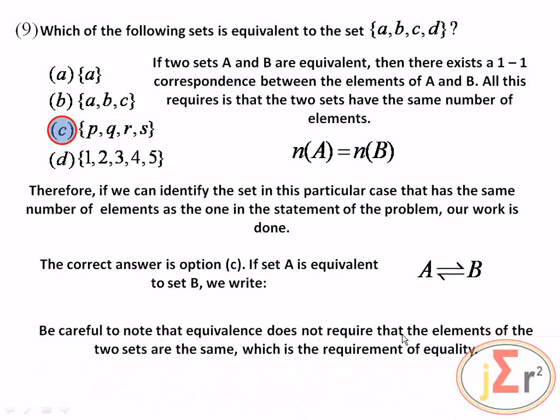Be careful to note that equivalence does not require that the elements of the two sets are the same, which is the requirement of equality. So it is equality that requires the elements of the two sets to be identical. But equivalence just requires that the number of elements are the same.